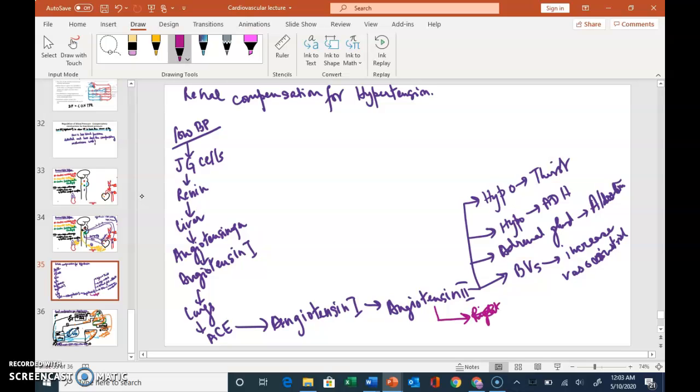Let me draw it this way. Let me erase this. Angiotensin can also work on the left atrium of the heart. Sorry, did I say right? In the left atrium. So this is the left atrium.